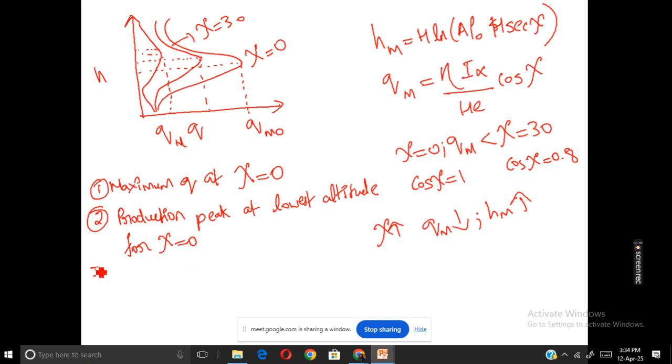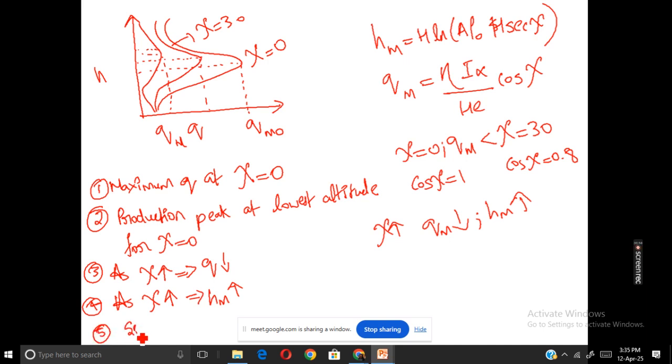And as chi increases, as the Zenith angle is increasing, the production is decreasing. Also, as chi is increasing, the height of peak production is increasing.